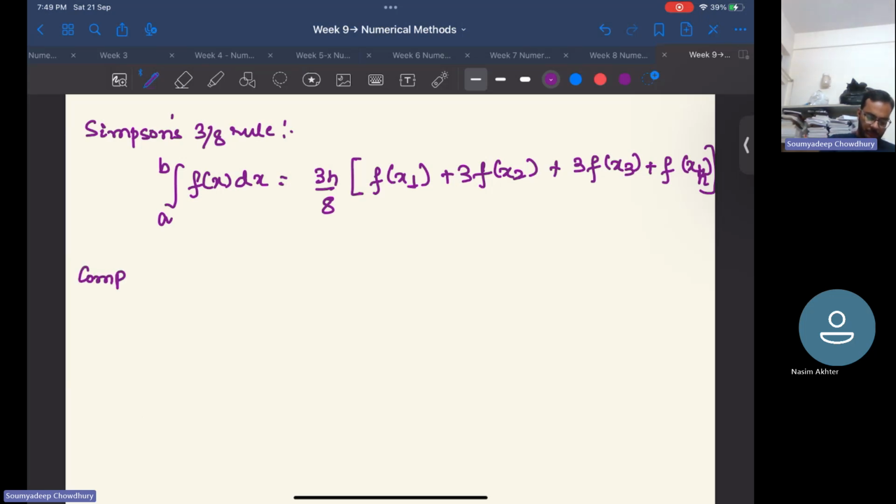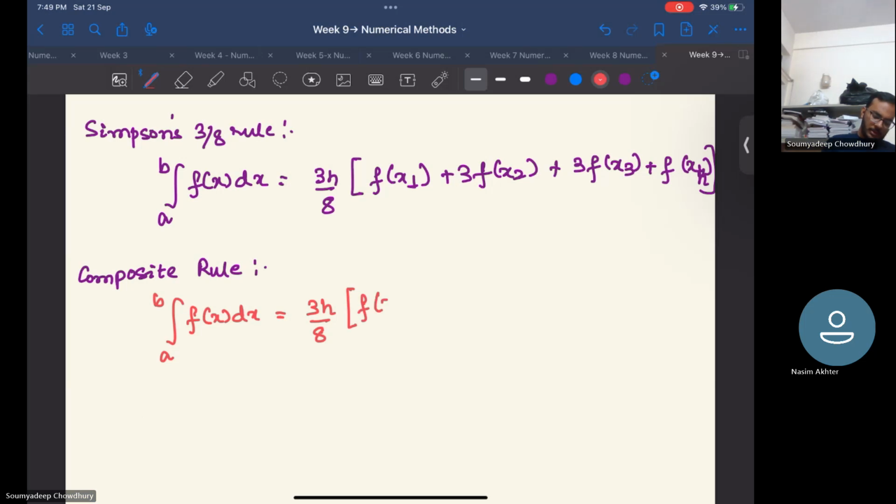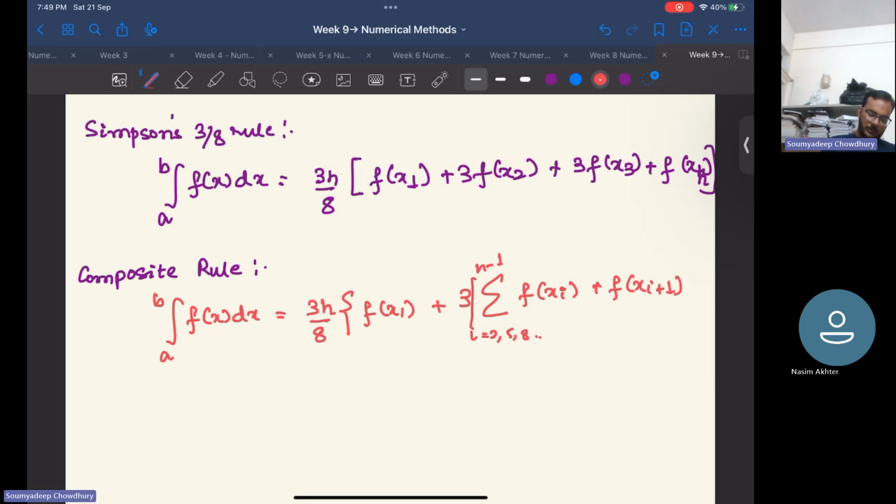So now if I go for the composite rule, integral from a to b of f of x dx equals 3h by 8 into f of x0, plus 3 times the terms 2, 5, 8, 11, like this, f of xi plus 1. This is within bracket, okay?